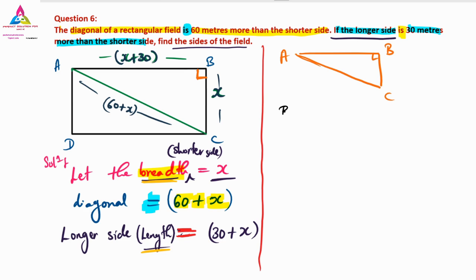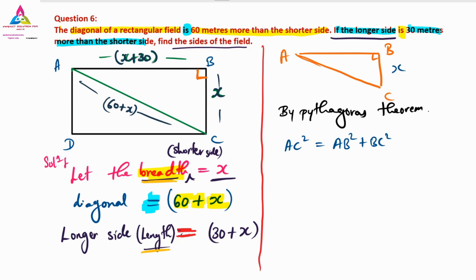Very important; see how important it is. Triangulation you have already learned, so you have to use the Pythagoras theorem for all questions related to it. The Pythagoras theorem says that AC square is equal to AB square plus BC square.